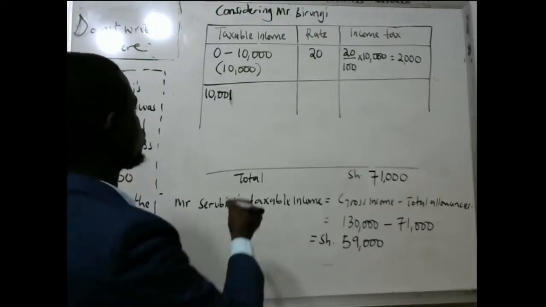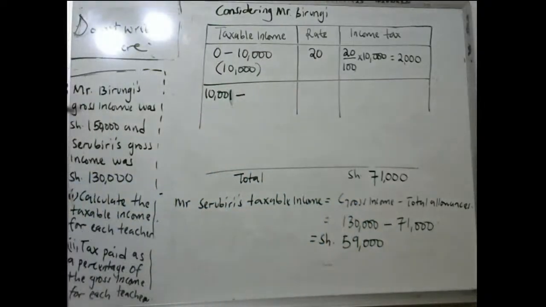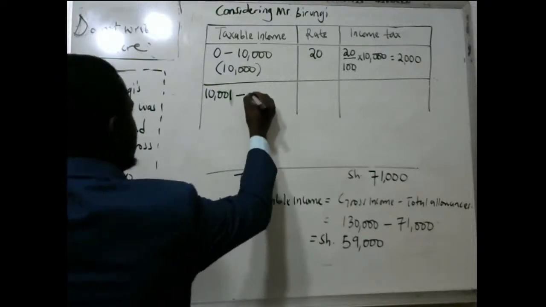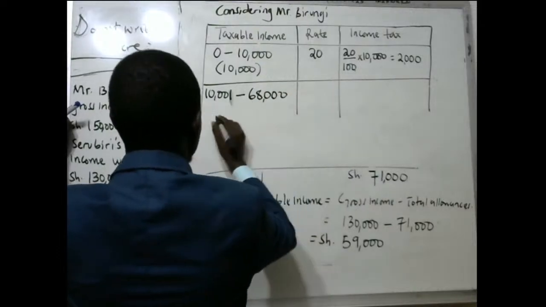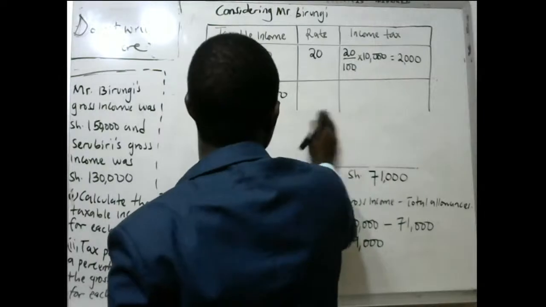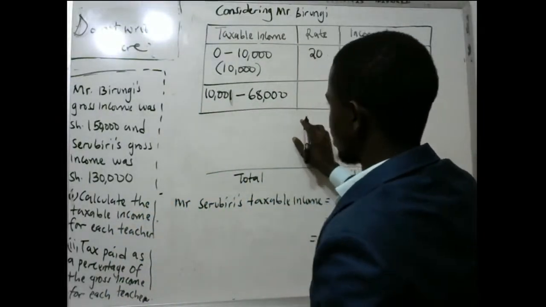Up to the total taxable income of Mr. Birungi. What was Mr. Birungi's taxable income? Was it 68,000? Yes, it was 68,000. Then you put in the 68,000. That is the tax that Mr. Birungi is supposed to be taxed. We only do it twice. The rate is what?